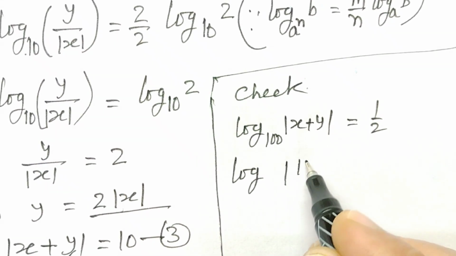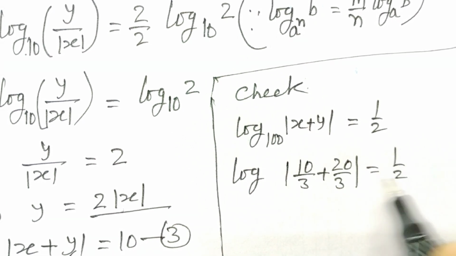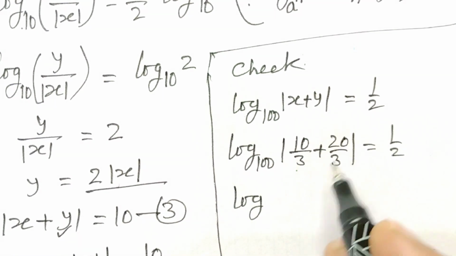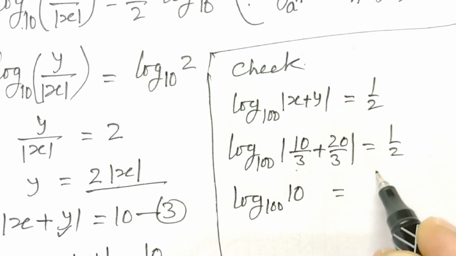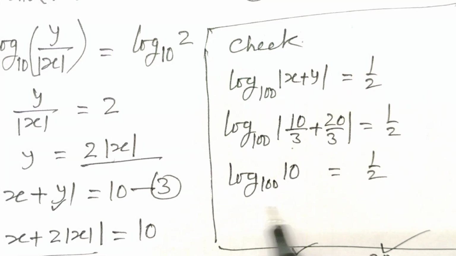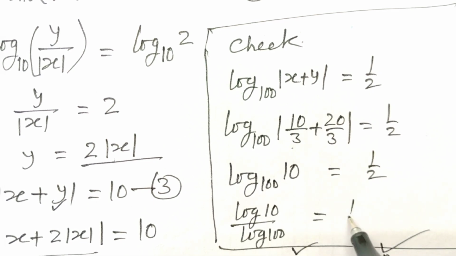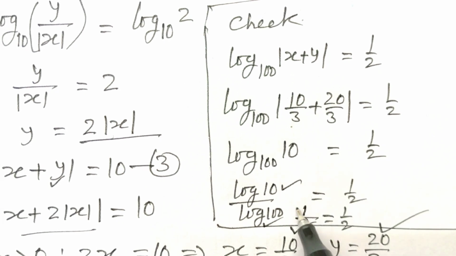So mod of 10 by 3 plus 20 by 3 is 10, log base 100 equal to half, right? So we can write log of 10 over log of 100 is equal to half. So log 10 is equal to 1 over log 100 is equal to 2, which is equal to half, right?